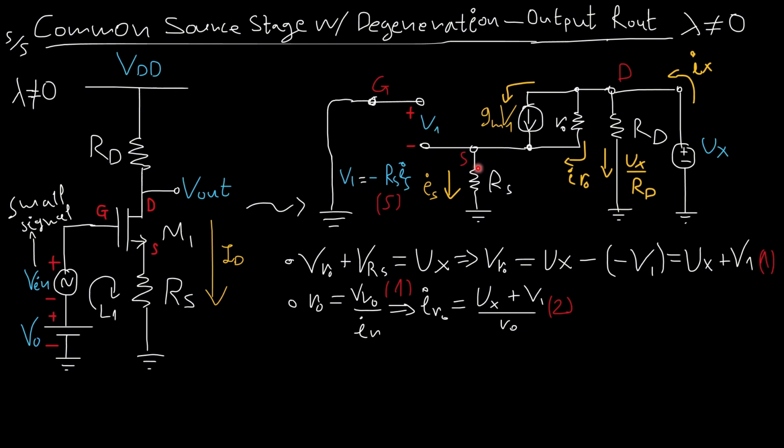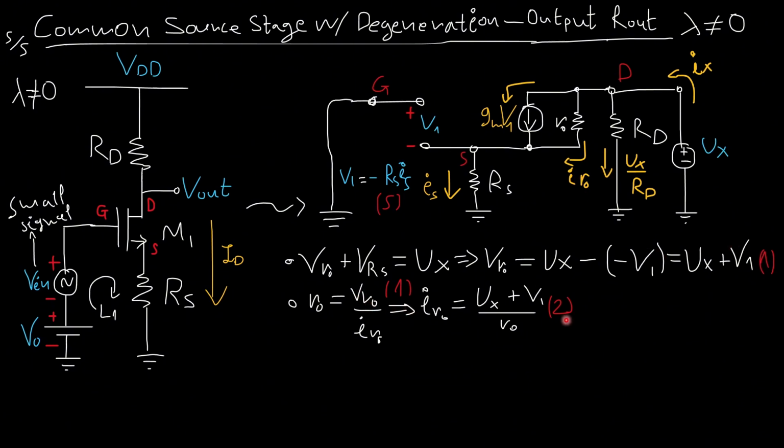Now I can take Ohm's law for the resistance RO, and I can say that RO must be equal to VRO over IRO. So IRO must be equal to, how much is VRO?